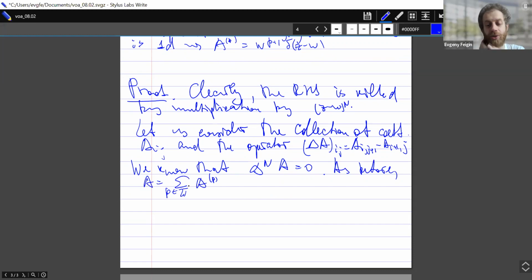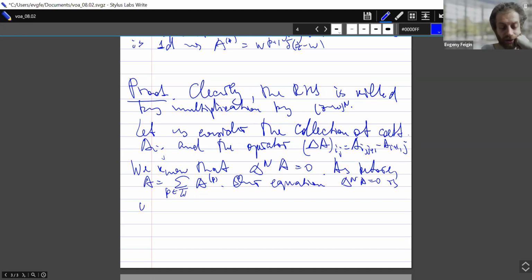And we just need to write a formula for the AP. So we know our equation, delta n A0 is of order n, and therefore we have n. So let me put it like that.